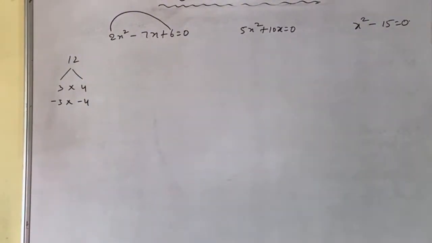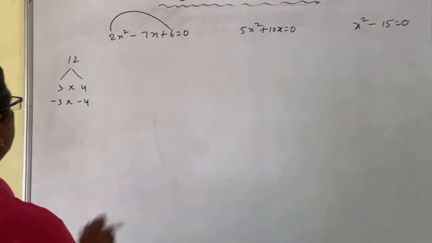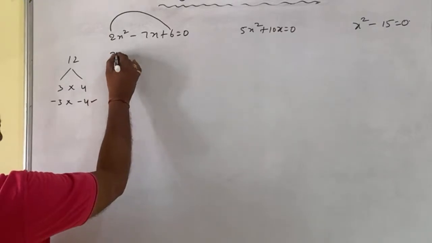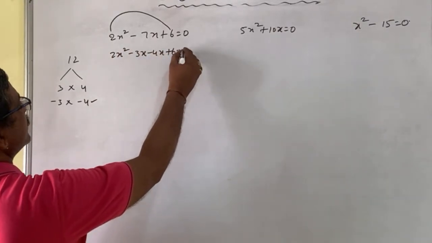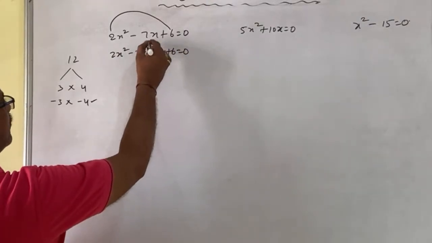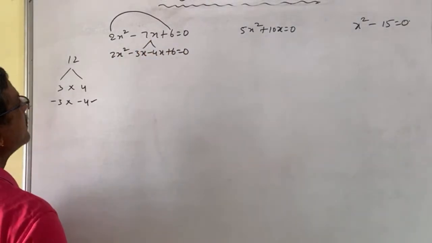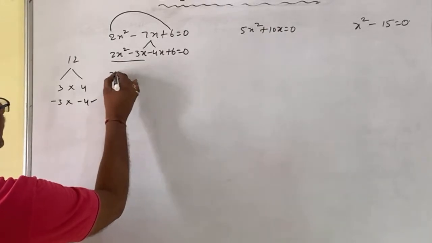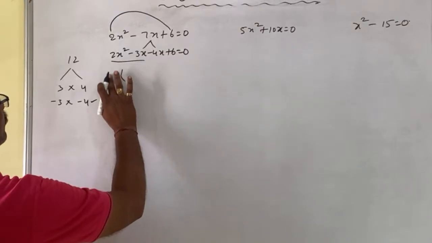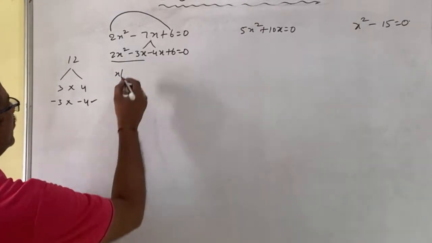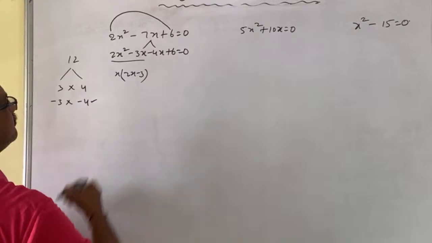Okay? So I am considering this one: 2x square minus 3x minus 4x plus 6 is equal to 0. The middle term was treated like this. Now from the first two terms we can take x common, remaining is 2x minus 3.